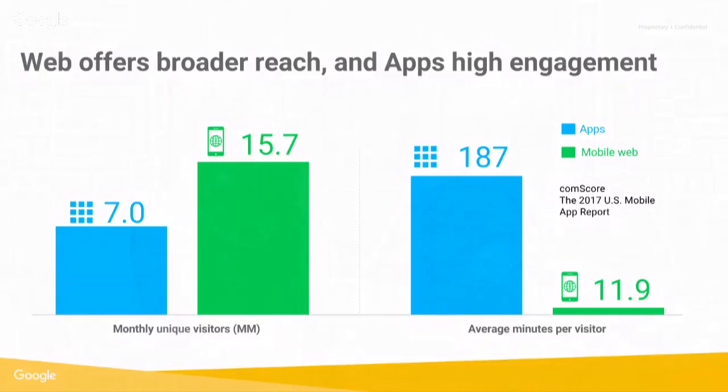When it comes to engagement and minutes spent per visitor on these channels, it's much higher on apps, with 187 minutes compared to 11.9 for mobile web. And this is important because when you speak to organizations and understand their goals, often the goal is also to have the right balance between reach and engagement. That's why it's important to look at both channels together to make sure that we can reach these goals.